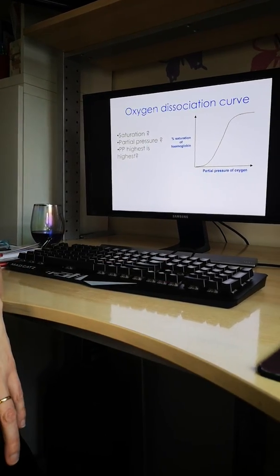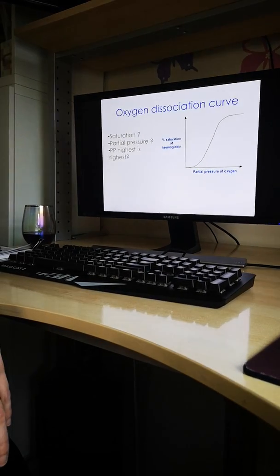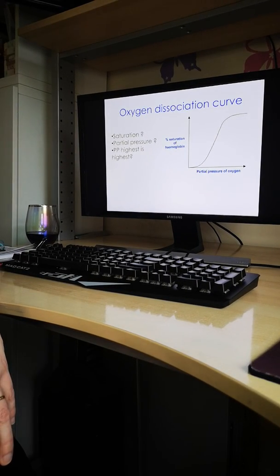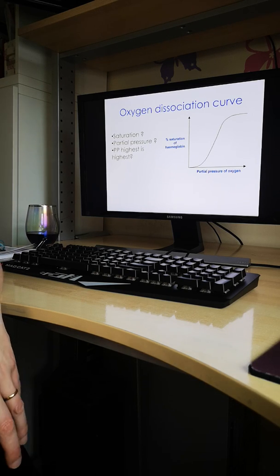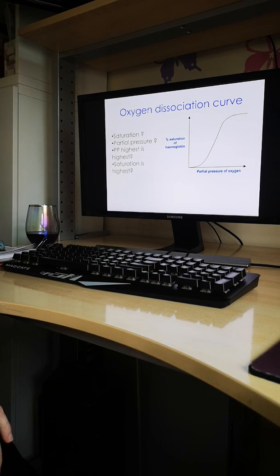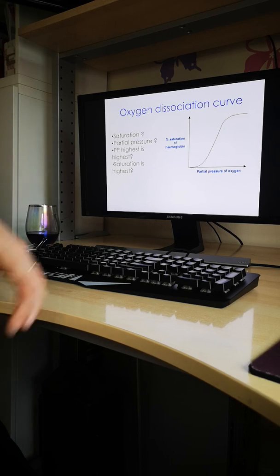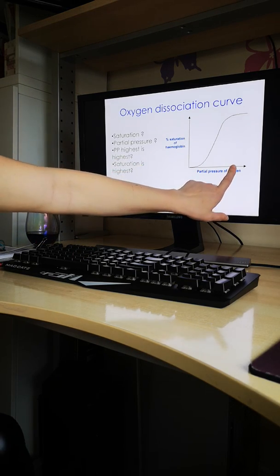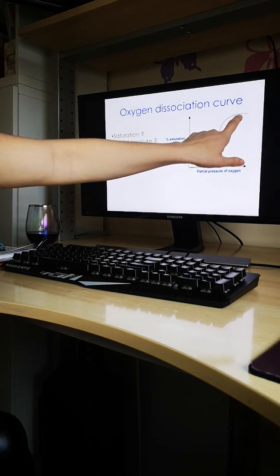So where did we say partial pressure was the highest in the circulatory system? In the lungs, yes, that was it. And where does the graph tell us that saturation must be highest? If we read on the graph, partial pressure is the highest there.